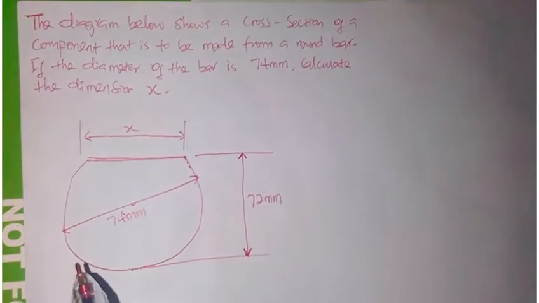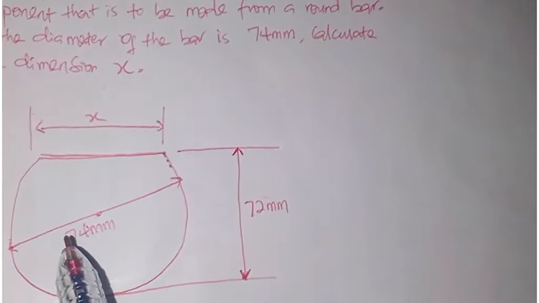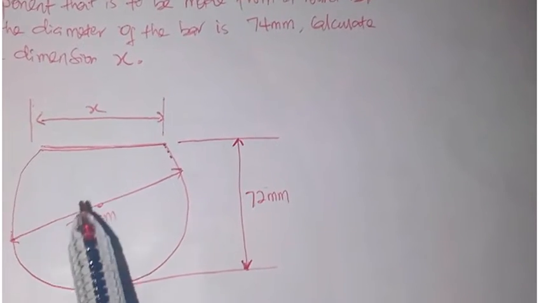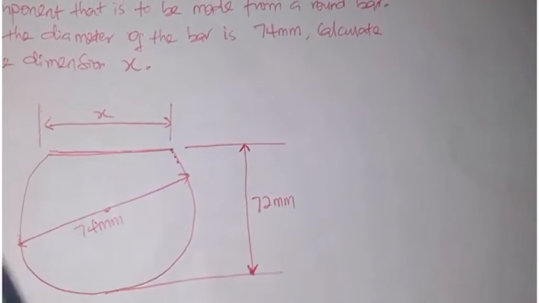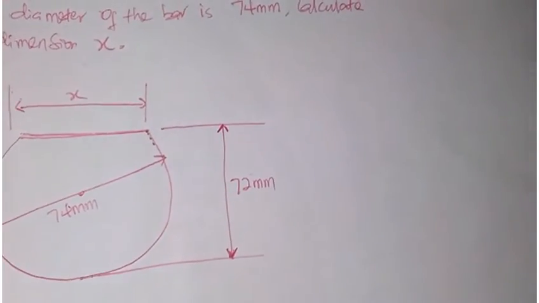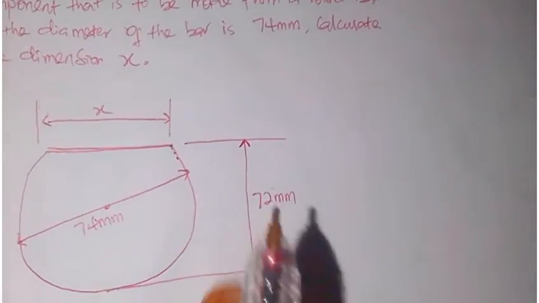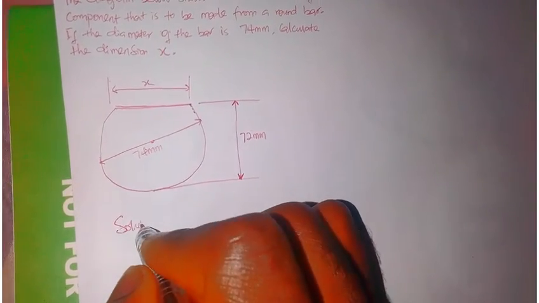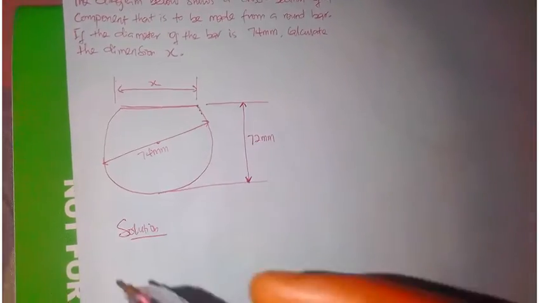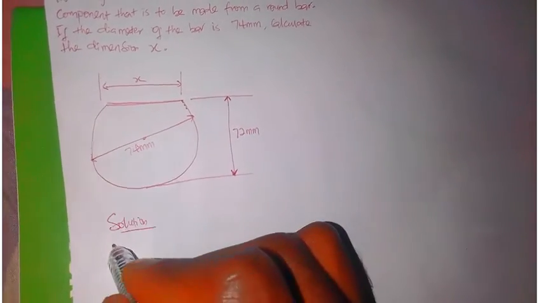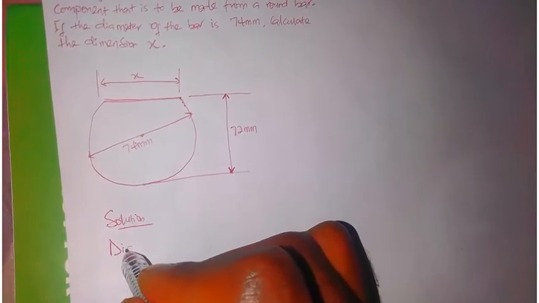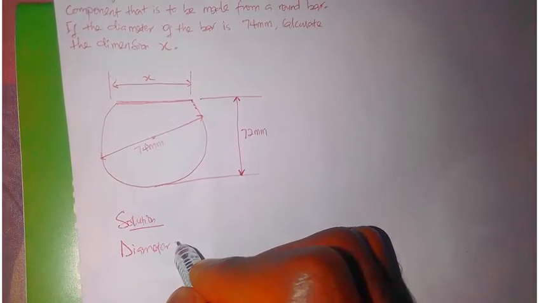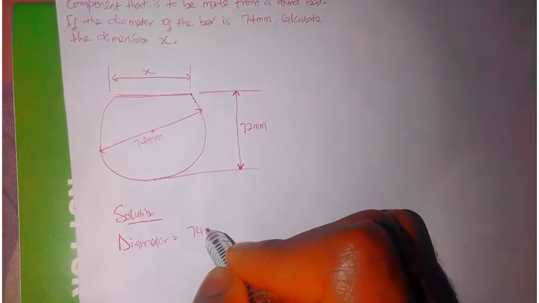Now, what are we given? We are given the diameter of this circle, if it was complete, to be 74 mm. So let's write the solution down first. Our diameter D equals 74 mm.